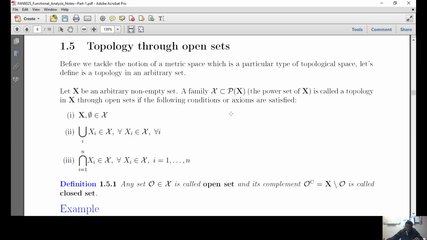So for the sigma algebra, from the prescribed textbook, we had two axioms, 1 and 2. The first axiom was for any element.